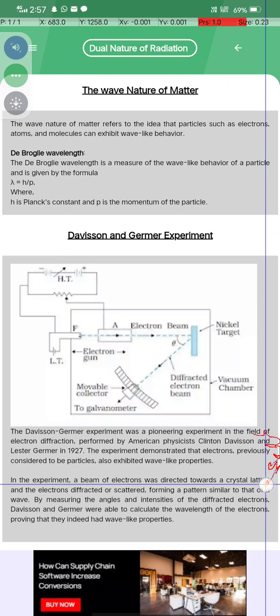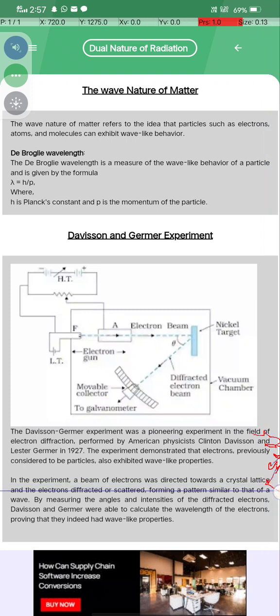In the experiment, a beam of electrons was directed towards a crystal lattice, and the electrons were diffracted or scattered, forming a pattern similar to that of a wave. By measuring the angle and the intensity of the diffracted electrons, Davisson and Germer were able to calculate the wavelength of the electrons, proving that they indeed have wave-like properties.